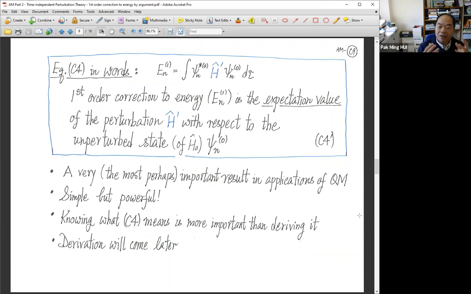This thing together is obviously first order in H prime. So a simple result, but I would say it's a very powerful result as well. It is one of the most important results in quantum mechanics.